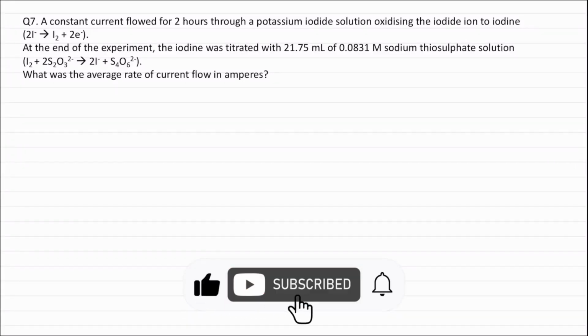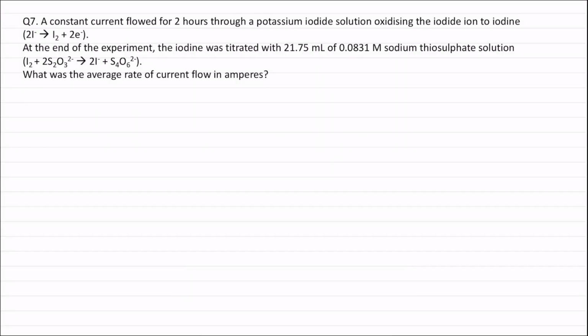Question 7. A constant current flowed for 2 hours through a potassium iodide solution, oxidizing the iodide ion to iodine. The equation is 2 moles of iodide ion change into 1 mole of iodine and give 2 moles of electron. At the end of the experiment, the iodine was titrated with 21.75 milliliter of 0.0831 M sodium thiosulfate solution.